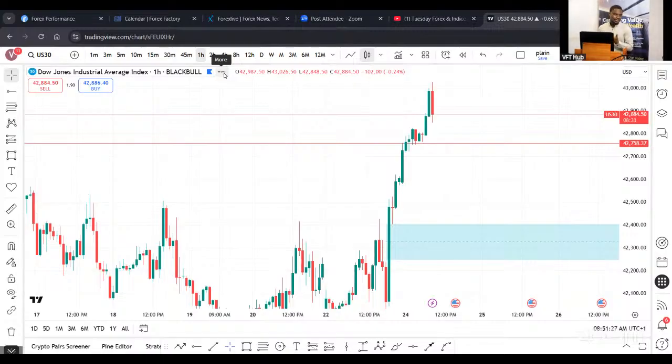Because I've said earlier, when it comes to US30, NASDAQ, and S&P 500, technical analysis might not be of so much help. It works well when the market is neutral.